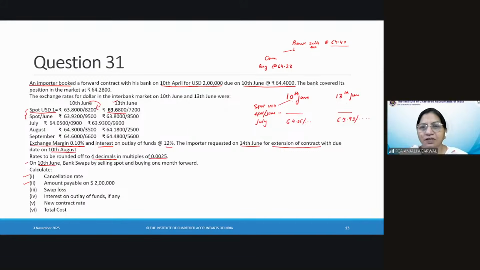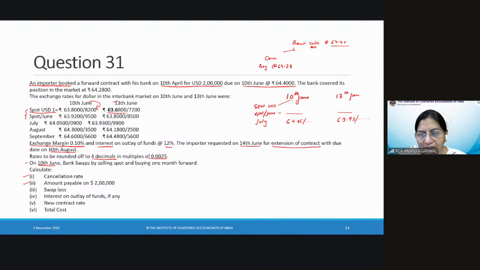Because the original contract was for 10th June, right? But the customer did not show up on 10th June, neither on 11th, 12th, nor on 13th. So let's say on 14th he showed up, using the rates which are given on 13th June. So that is the date when he actually came up.